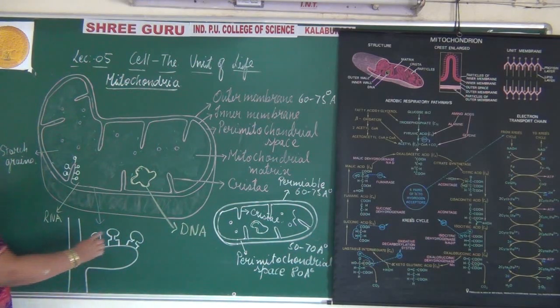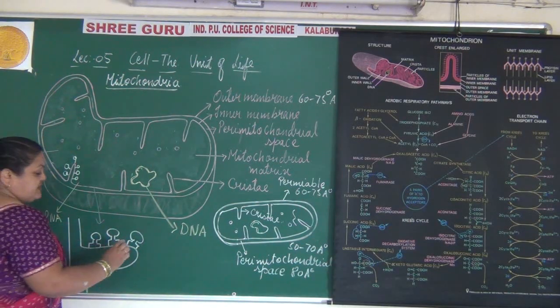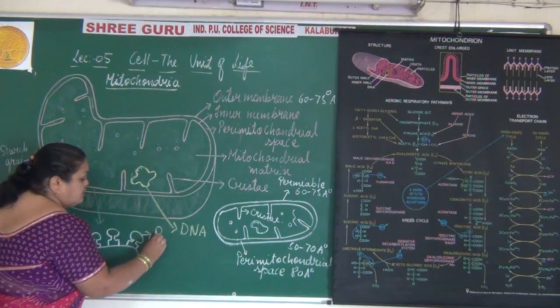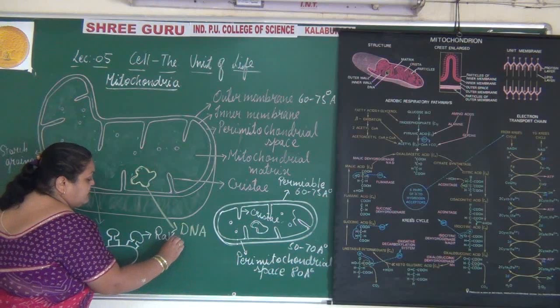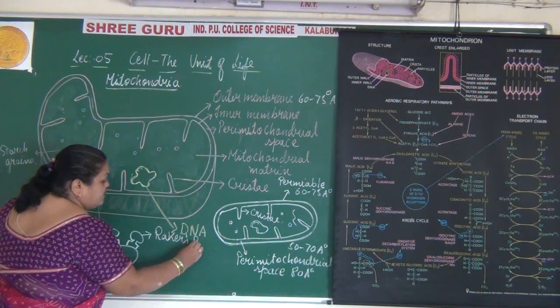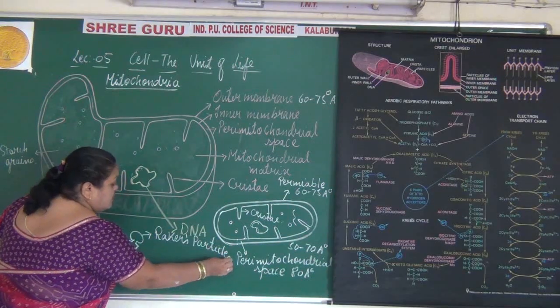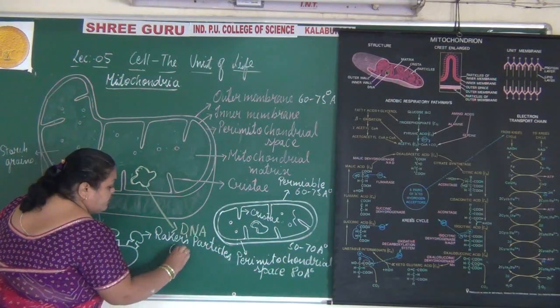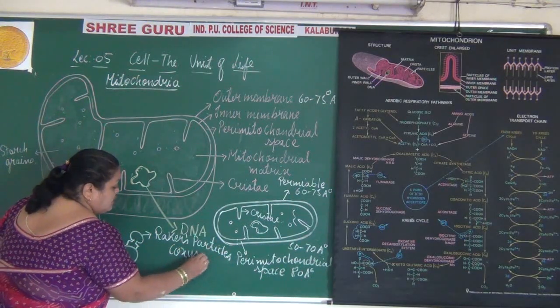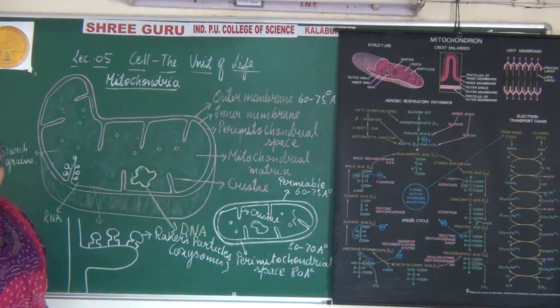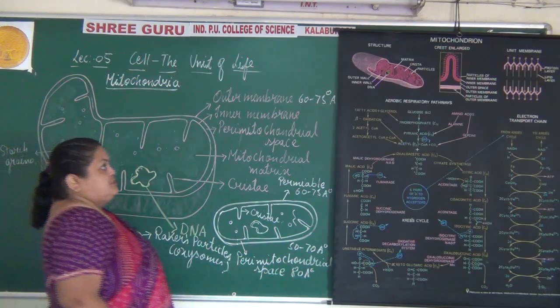These knob-like particles were discovered by Racker, so they are also called Racker particles or oxysomes.